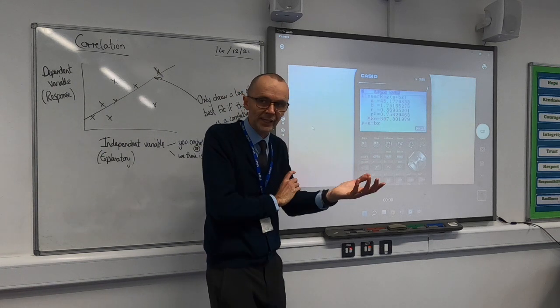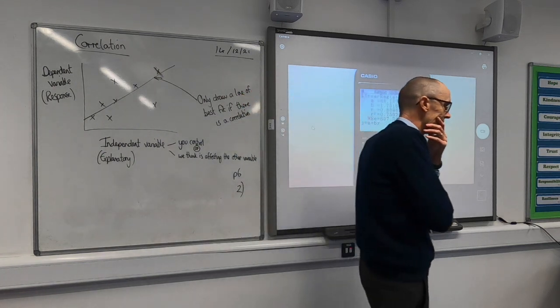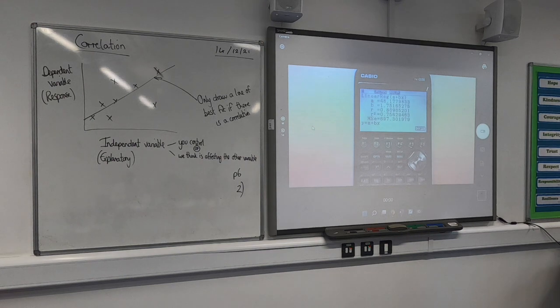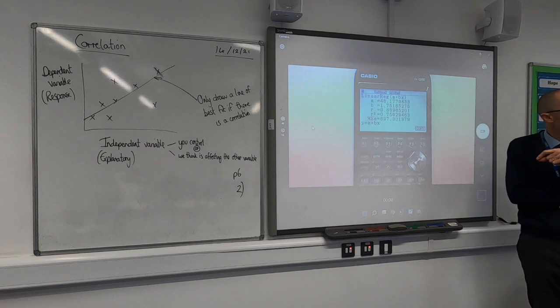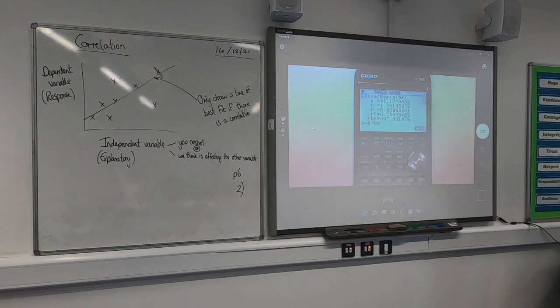And if it's negative, that would be negative correlation. So when we say in part B, use your calculator to find the value of the product moment correlation coefficient, we've done that. And if it then wanted us to comment on the correlation, well, it's nearly 1, so I would say it's a strong positive correlation.